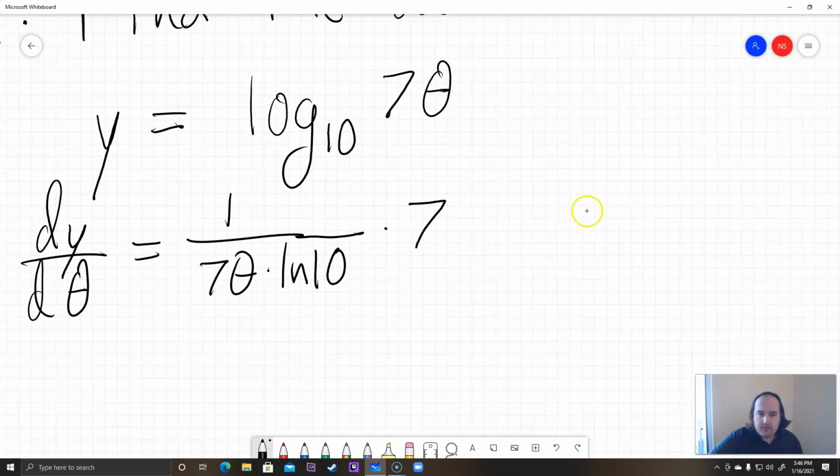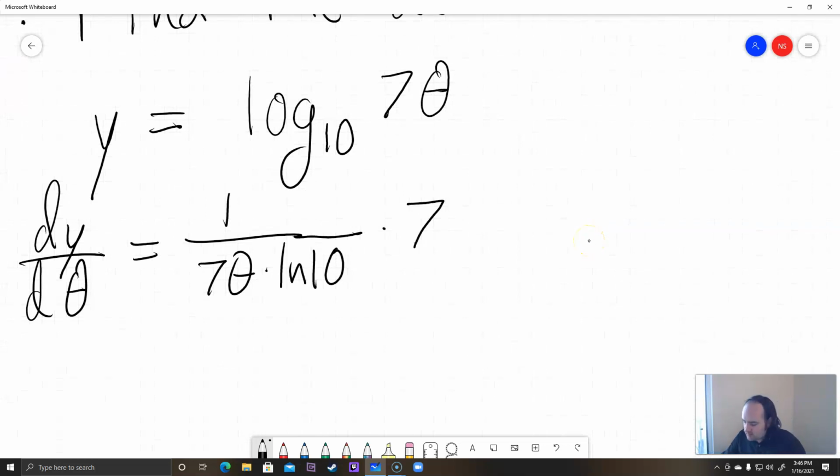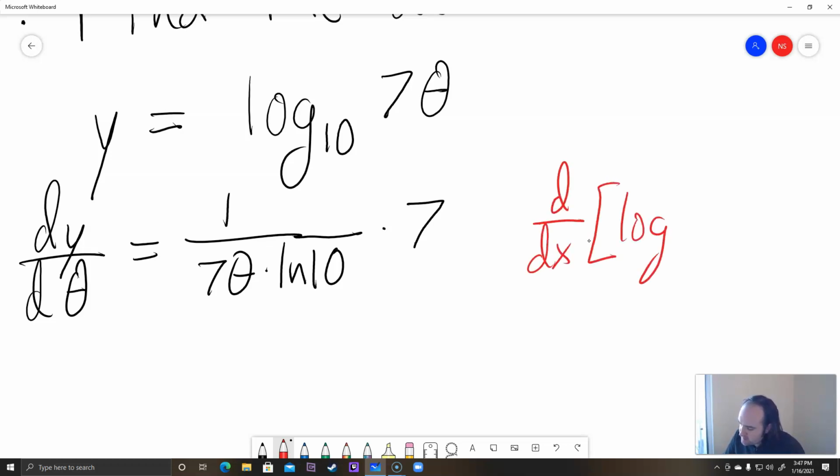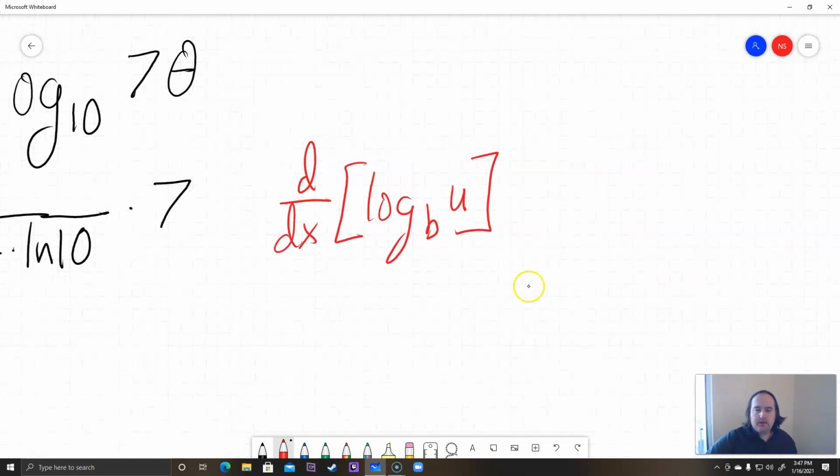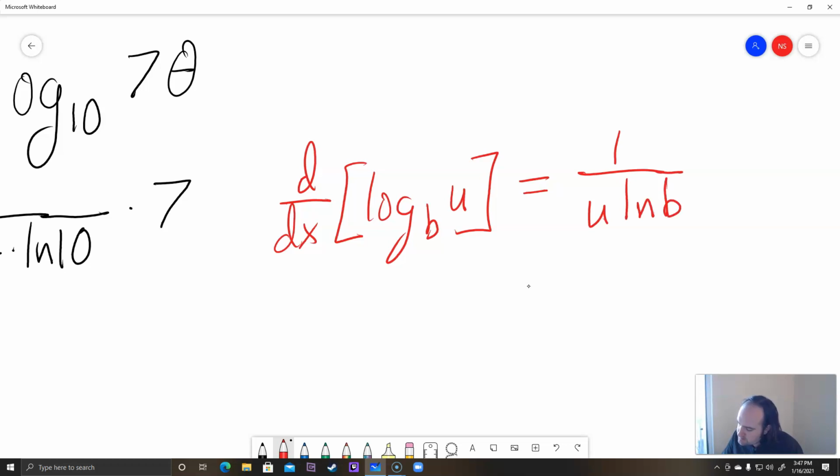So really, the rule we're using there with the chain rule is basically saying d dx of log base b of u, where u is a function of x, is going to be 1 over u times ln of b, where b is the base, times u prime.